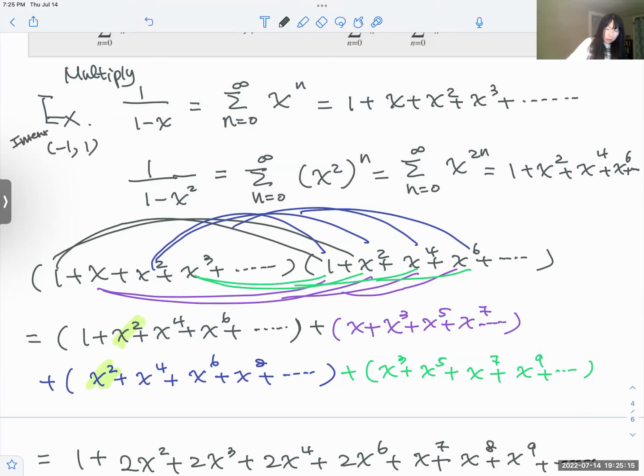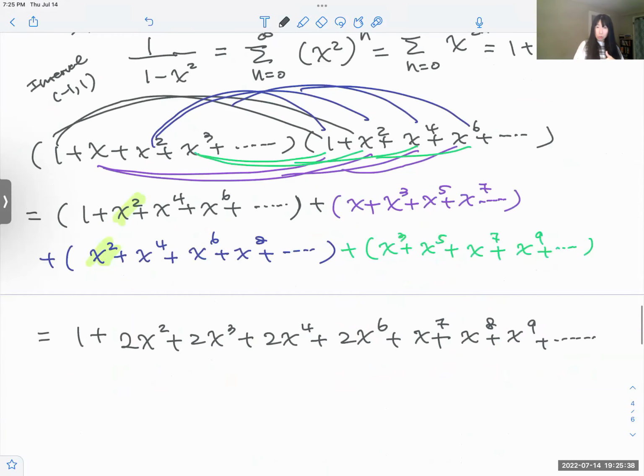And this one, we have x squared, the absolute value of x squared is less than 1, converges, right? So we have x squared between -1 and +1. So it's also -1 and 1, right? So multiplication also, because of the common interval, right?